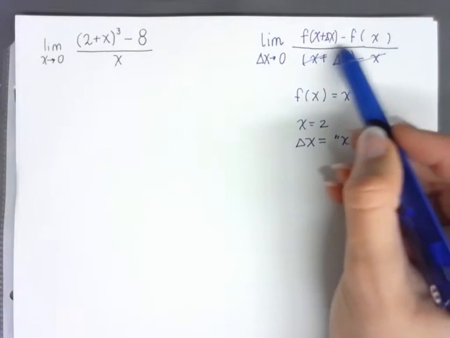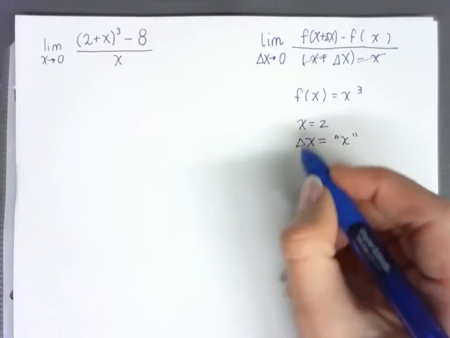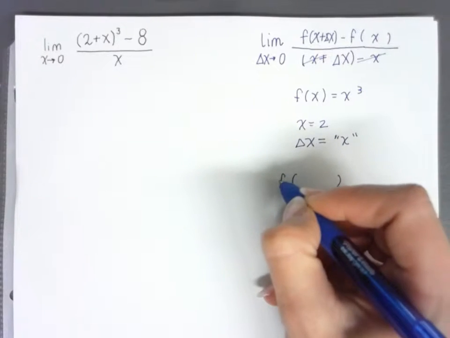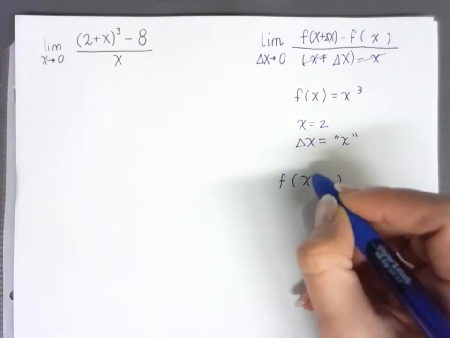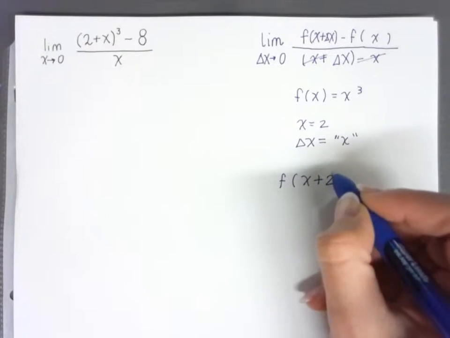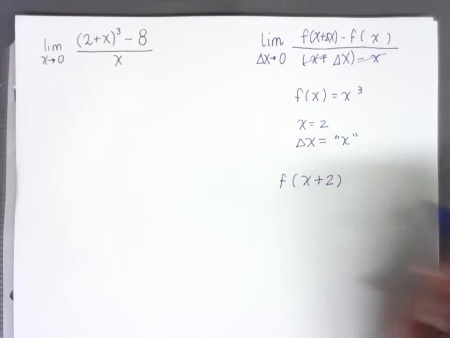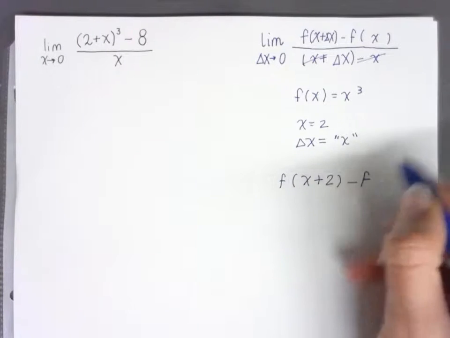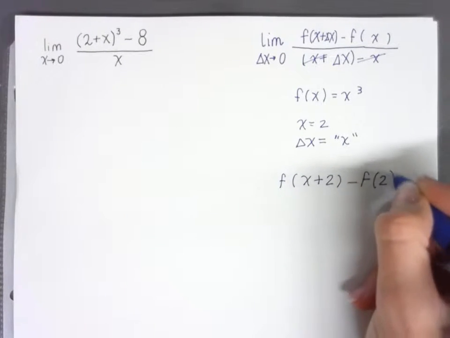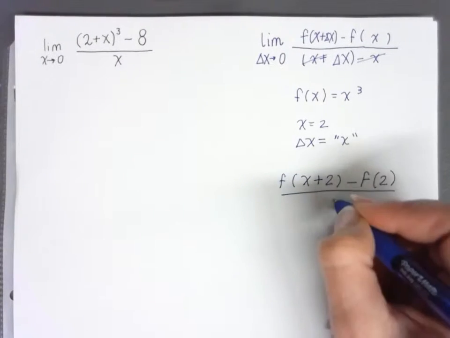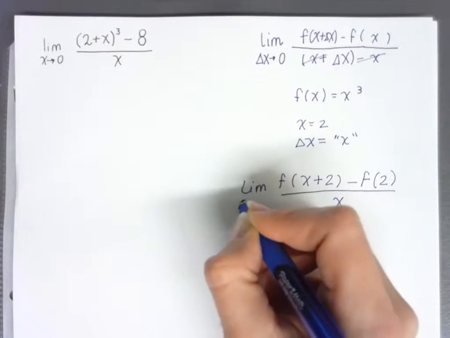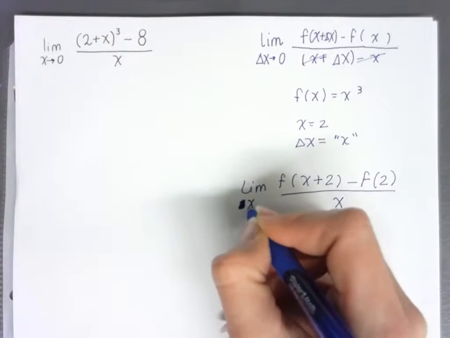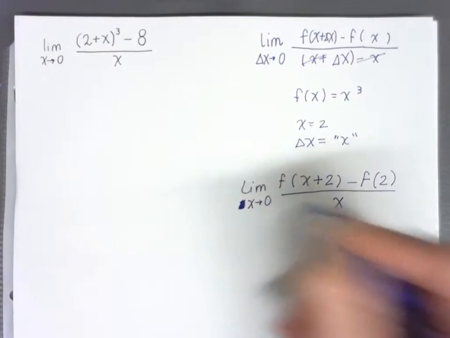So when all is filled in, on top, you end up with f of x plus delta x becomes f of x plus 2, or 2 plus x rather. That's my x and delta x, minus f of x, my x was 2, f of 2, all over the change in x, which is x, and then that limit out front, limit as, well, instead of delta x, they're just using x, they're just changing up notation, approaches 0.